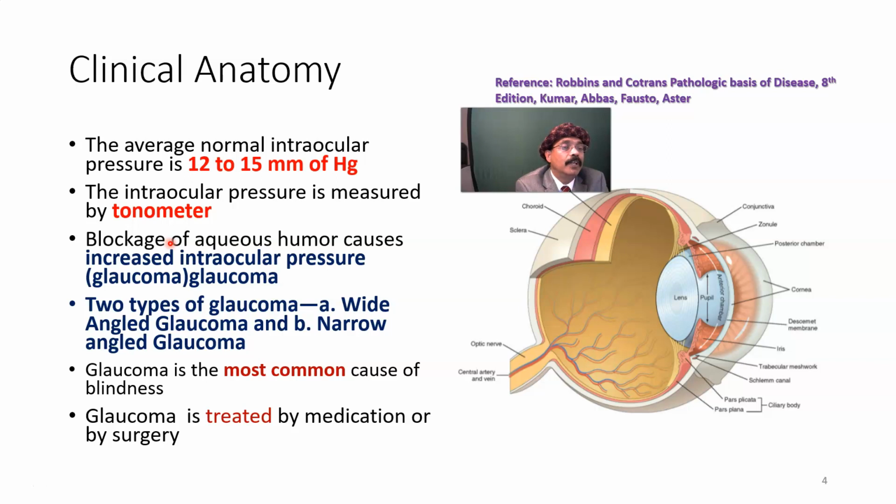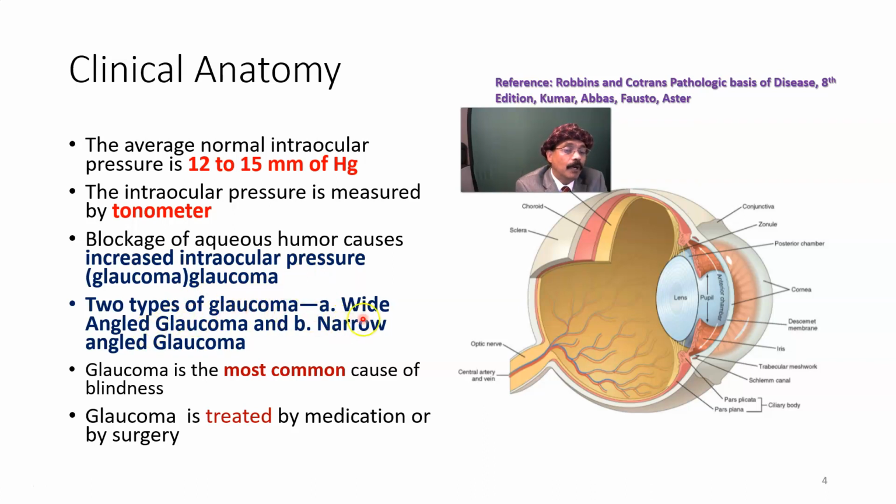If it is glaucoma, it will be hard on palpation, like marble sometimes in acute glaucoma. But the best way to assess the intraocular pressure is by tonometer. Blockage of aqueous humor causes increased intraocular pressure, and we call it glaucoma.